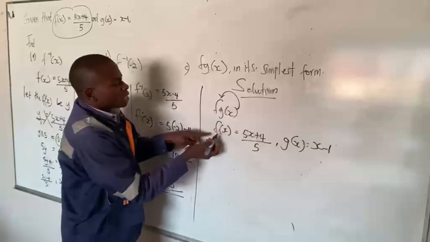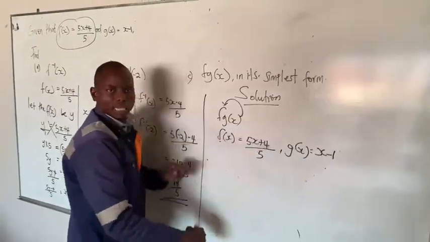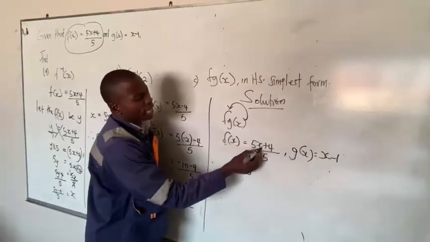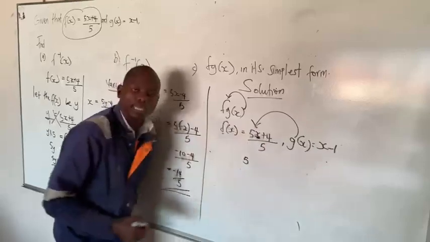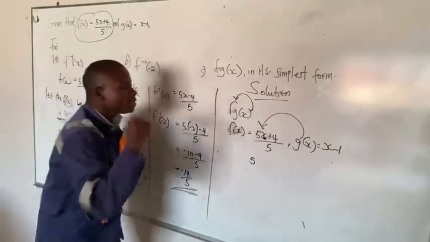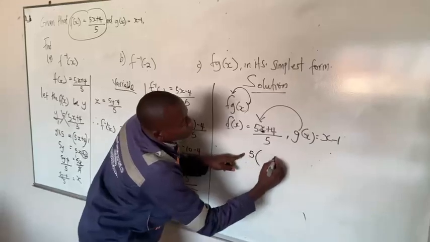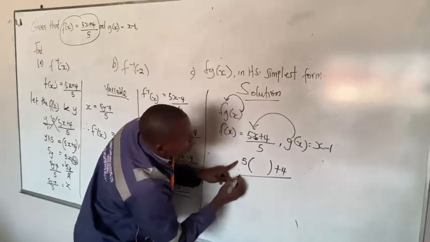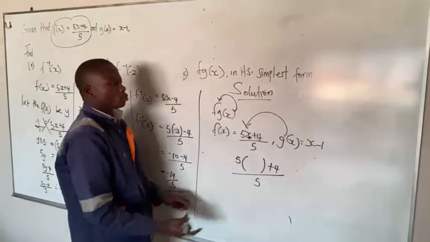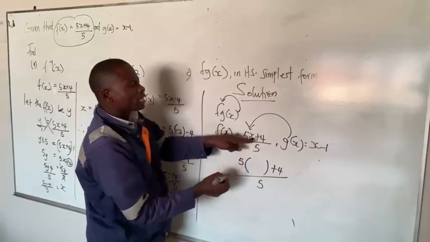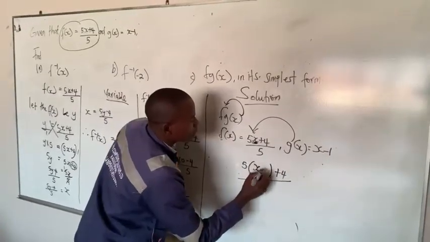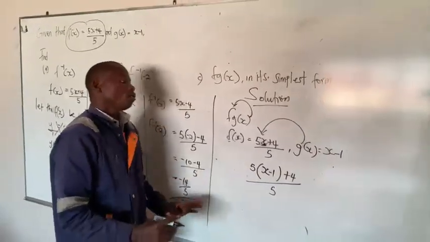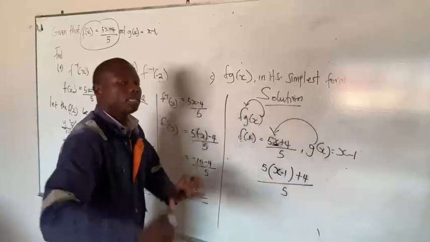So this f(x) is going to swallow the g. Remember, if I'm having 5x plus 4, where there is an x, I put in g. This means that I'm going to write a 5, I open the brackets, I add a 4, then I divide the whole of this by 5. The g is x minus 1. The whole outside the brackets will multiply everything in the bracket.